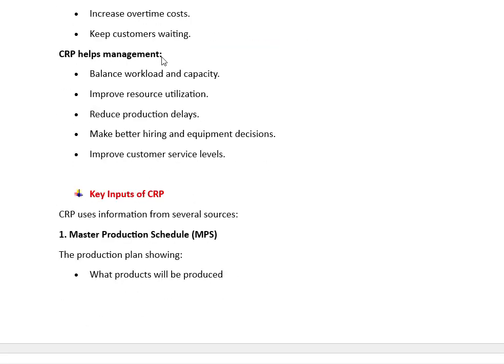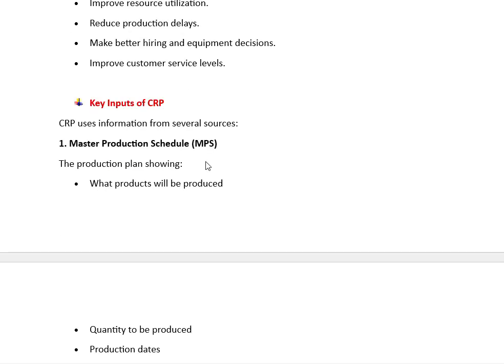CRP helps management to balance workload and capacity, improve resource utilization, reduce production delays, make better hiring and equipment decisions, and improve customer service levels. I hope it is clear till now.